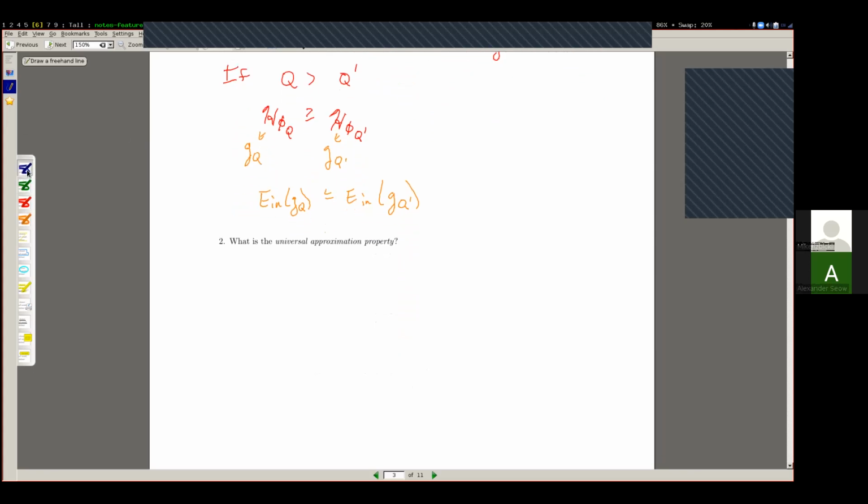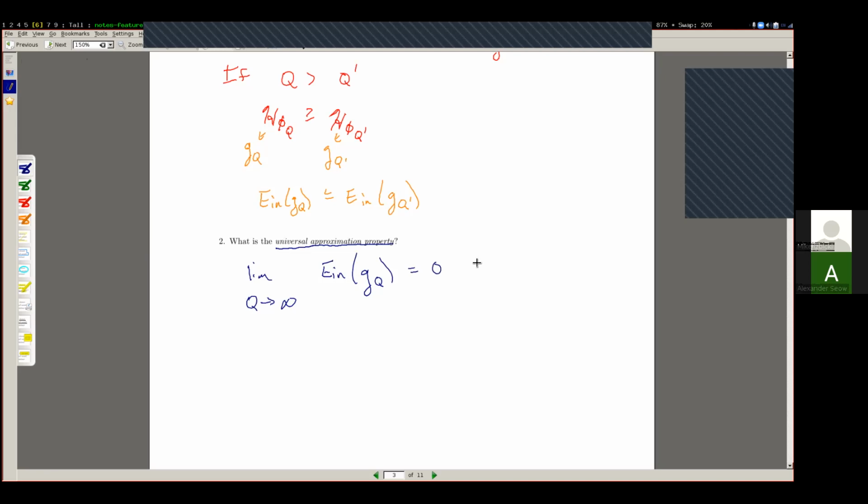In fact, we can say an even stronger statement called the universal approximation property about the polynomial feature map. And that's that in the limit, as Q goes to infinity, so as you make your polynomial an infinite degree polynomial, then the training error of G sub Q is going to be equal to 0.